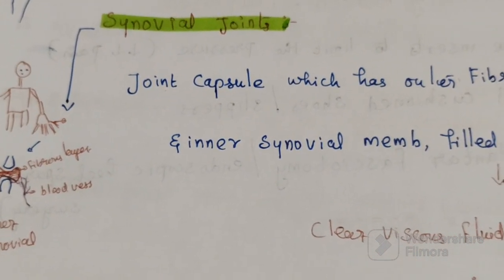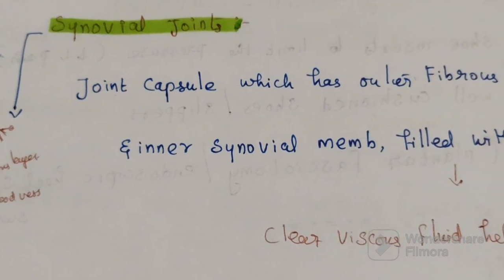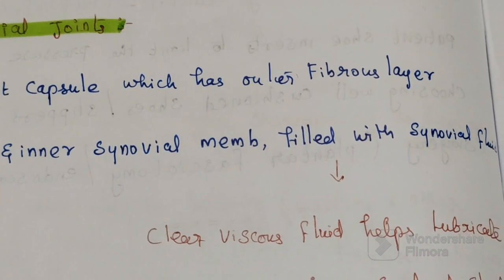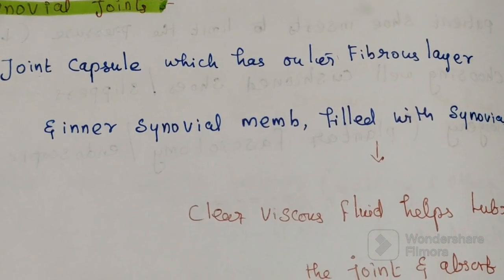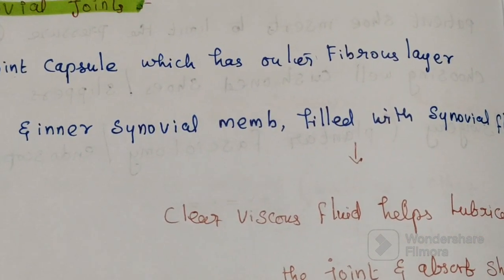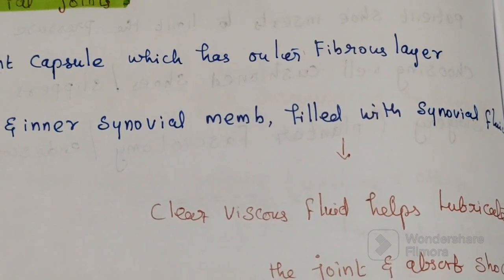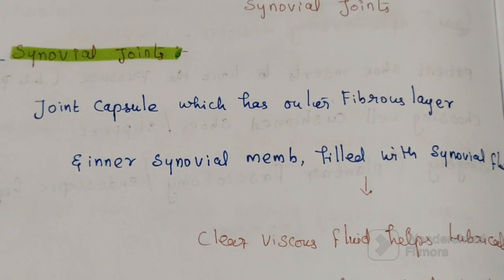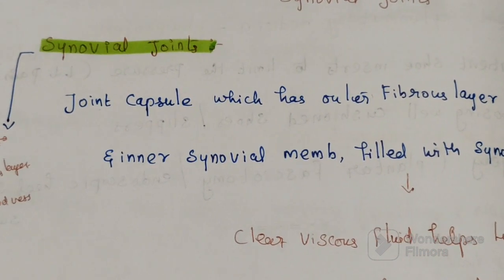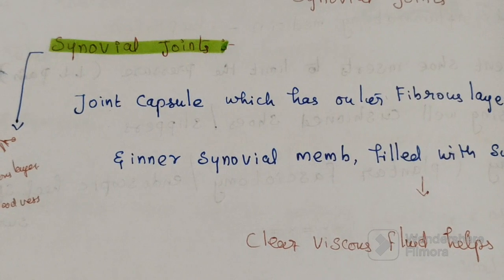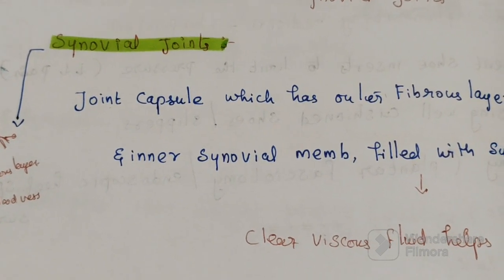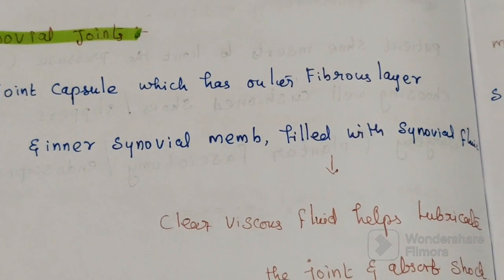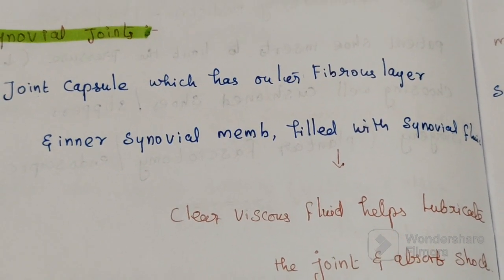Synovial joints consist of a joint capsule with an outer fibrous layer and an inner synovial membrane filled with synovial fluid.